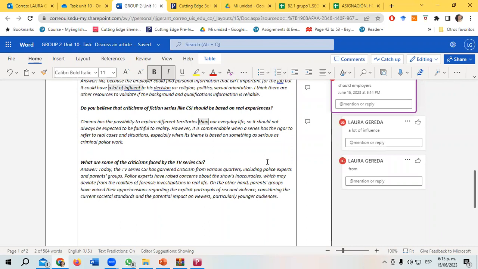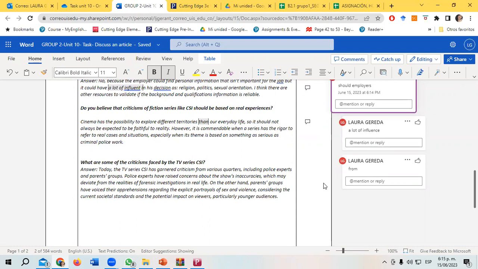However, it is commendable when a series has the regard to refer to real cases and situations, especially when its theme is based on something as serious as criminal police work.